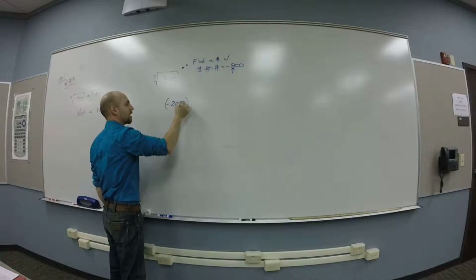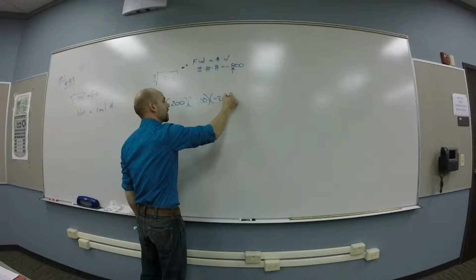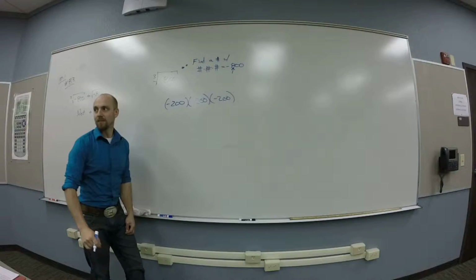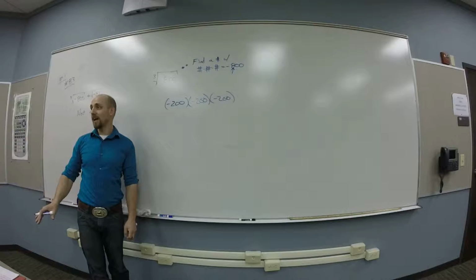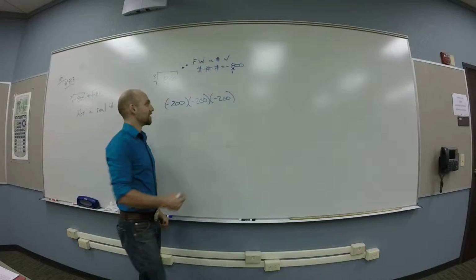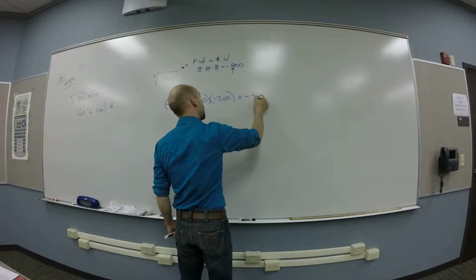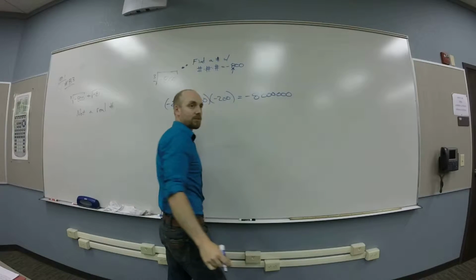Negative 200 times negative 200 times negative 200. For sure we'll get an 8, and it'll be negative, but how many zeros will there be? A lot, like 6. So here we get negative 8, and then 1, 2, 3, 4, 5, 6 zeros.